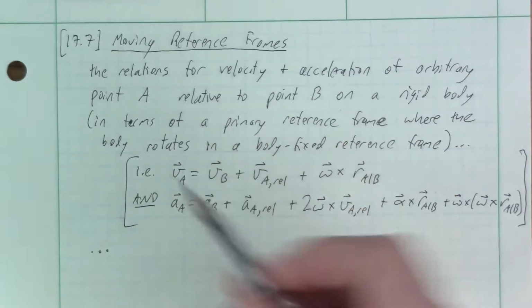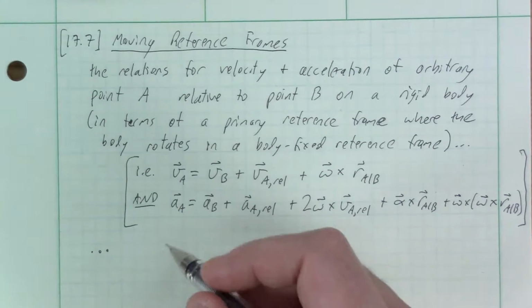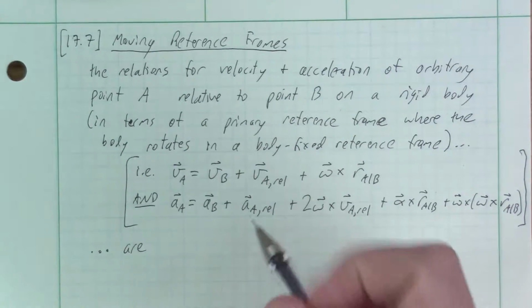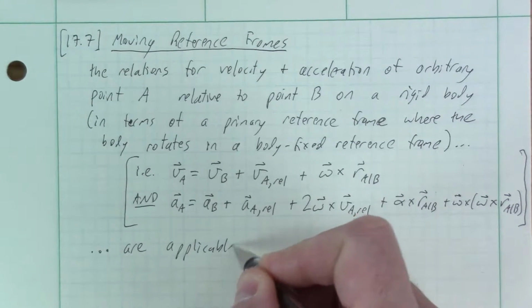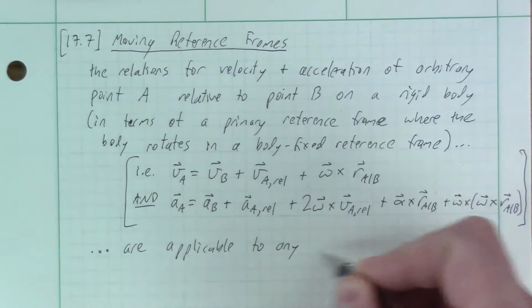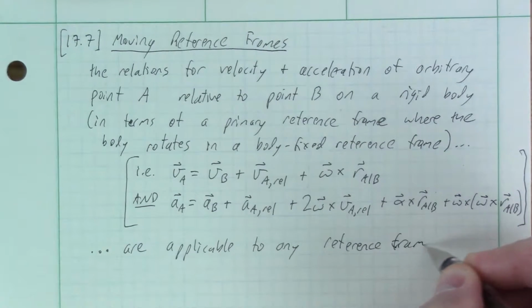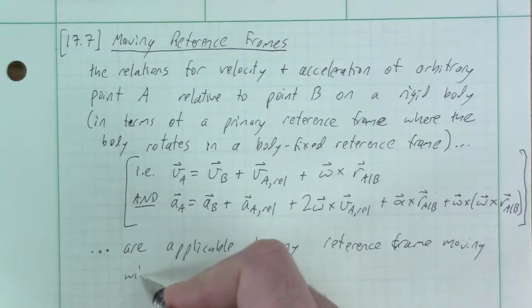Okay, and so this is all kind of review so far, and now what we're just going to do is basically say, hey, we can extend this, and talk about how we go about extending it and what happens when we do extend it, and if we can cancel out terms like we've been doing even with the slider ones. So all of these relationships are applicable to any reference frame that is moving with origin B, right?